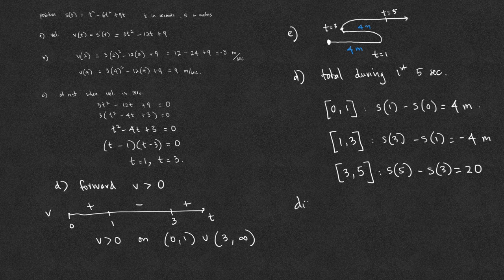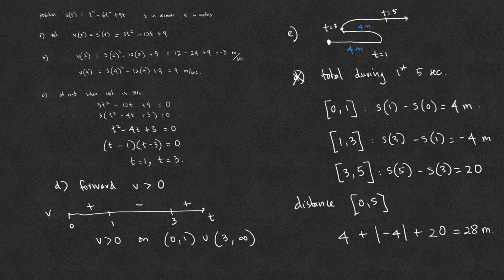And so the total distance traveled from 0 to 5 seconds is 4 plus the absolute value of negative 4 plus 20. So this is 28 meters.